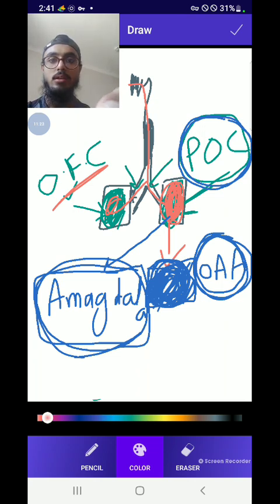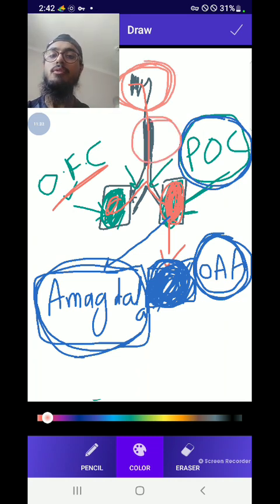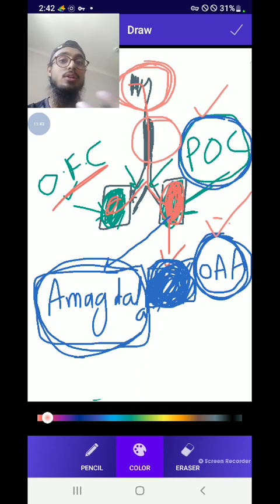There is damage due to trauma, damage to the cribriform plate of the ethmoid bone, damage to the olfactory bulb, any damage in this pathway, damage to the olfactory association cortex or the primary olfactory cortex, the information of the smell cannot be received by your brain, the respective area of your brain.